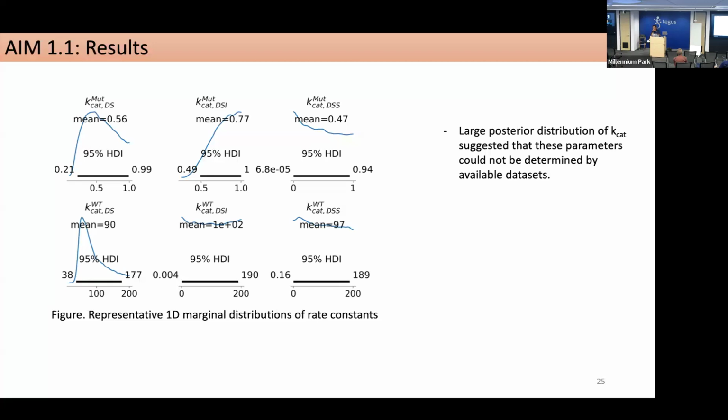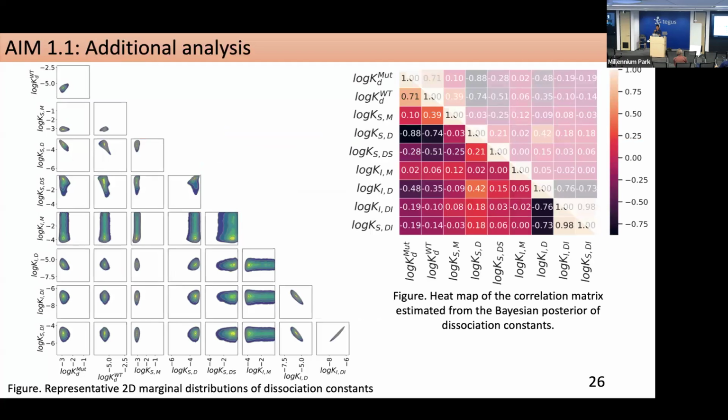So we would need new experiments or different types of experiments to know about these parameters in particular. There are also some correlations between some of the parameters, where the data fit well either by having log k IDI high and log k ID low, or inversely proportional in that particular case.